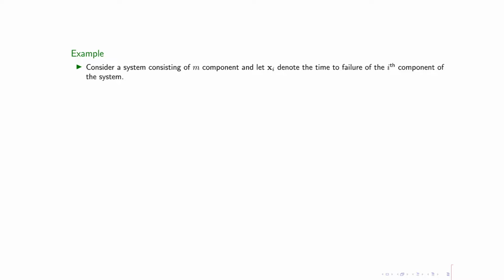Another example: consider a system consisting of m components, and let xi denote the time to failure of the ith component of the system. In that case, the probability that the ith component is good at time t is the reliability, which is the complementary CDF of xi at time t.